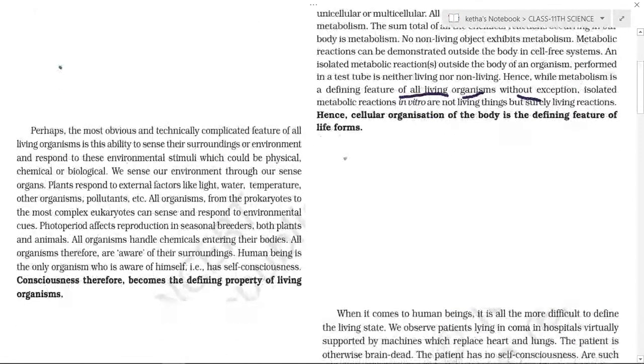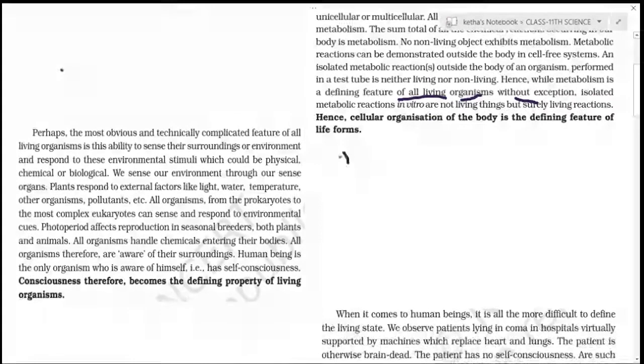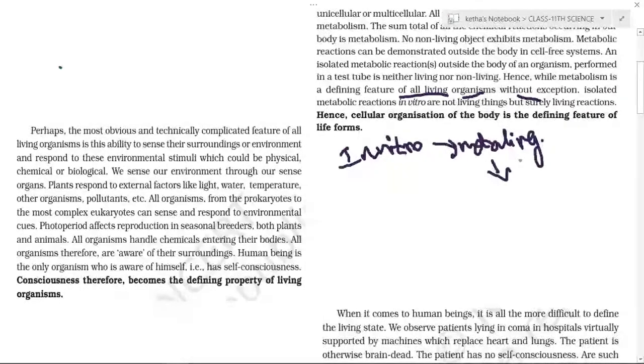In in vitro conditions we conduct metabolic reactions where the living and non-living can show this metabolism. Hence, cellular organization of the body is a defining feature of life forms.